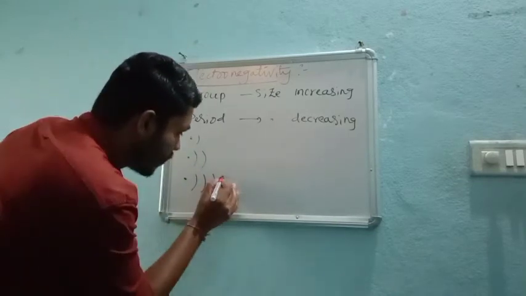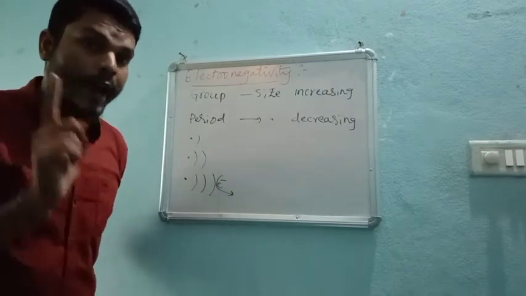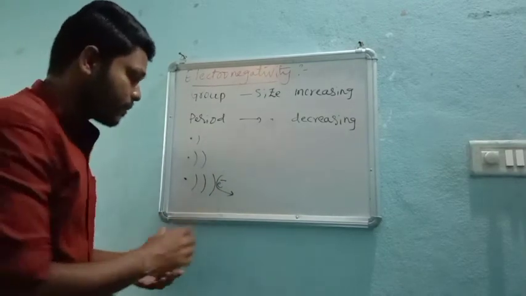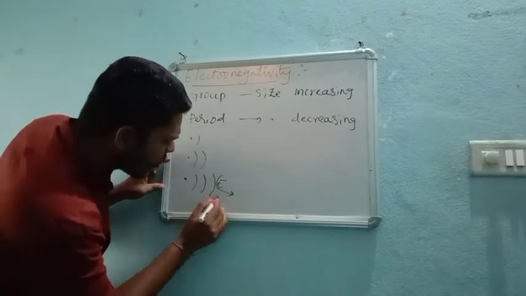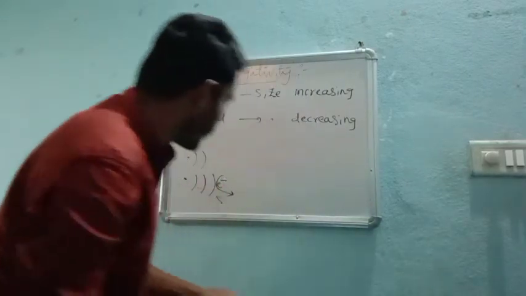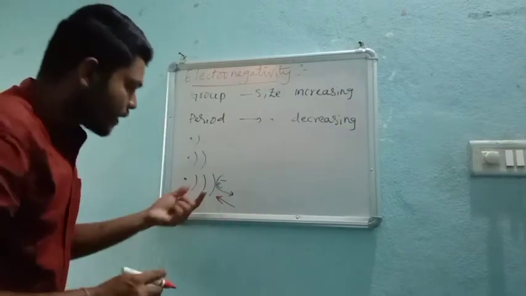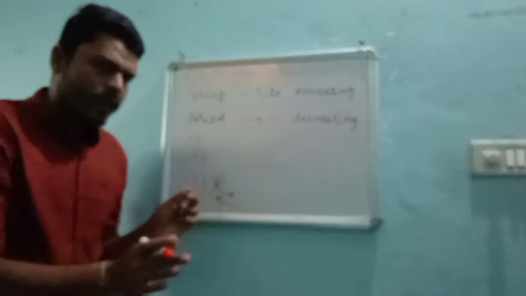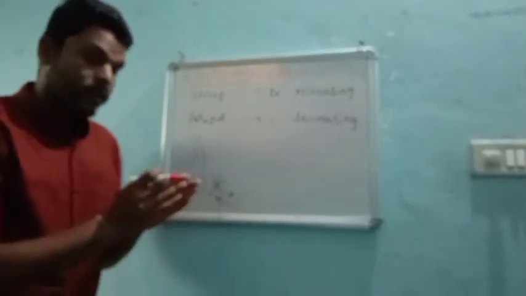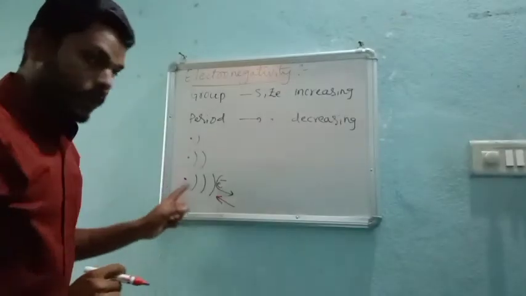So that's why we can very easily remove the electron. That means if we apply a very small amount of external energy in the form of temperature or any chemical, then we can very easily remove the electron when a big sized atom is present. That is the first point.